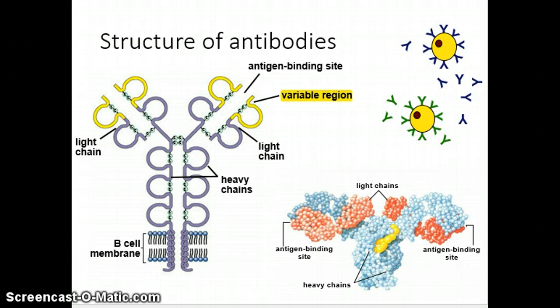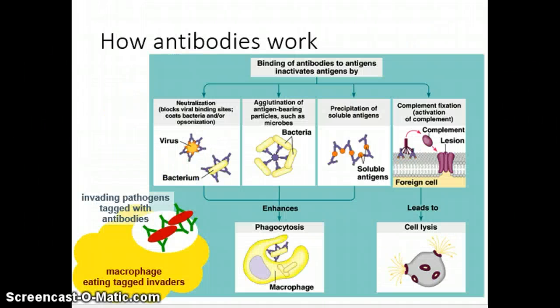So how are cells tagged with antigens? A T cell is going to look for a cell that has been infected. How does it know it's infected? It notices what are called antigen presenting portions on the outside of that infected cell.